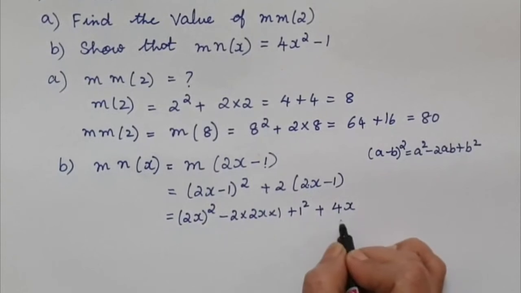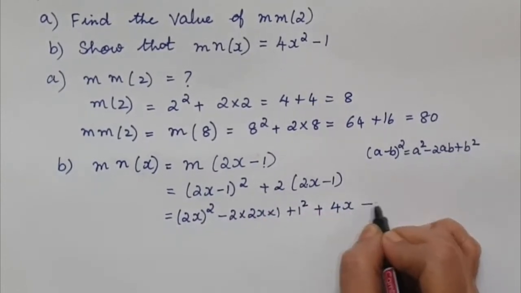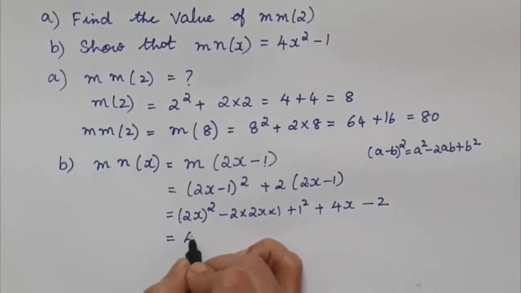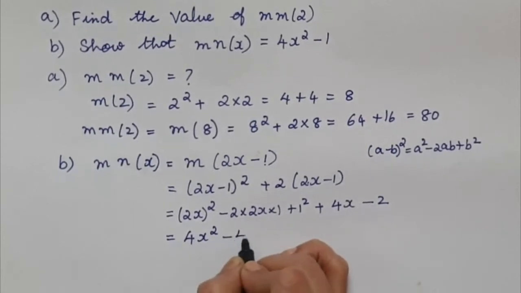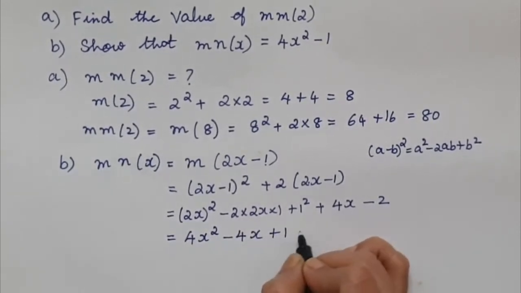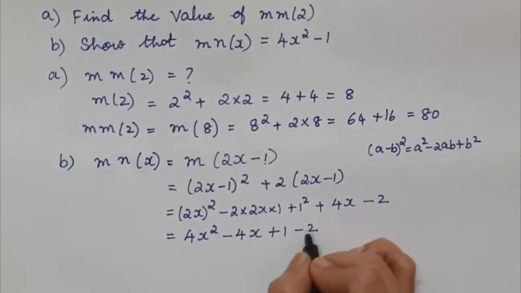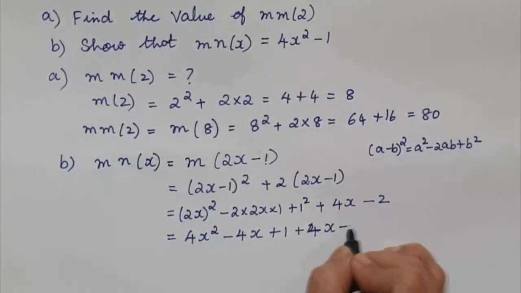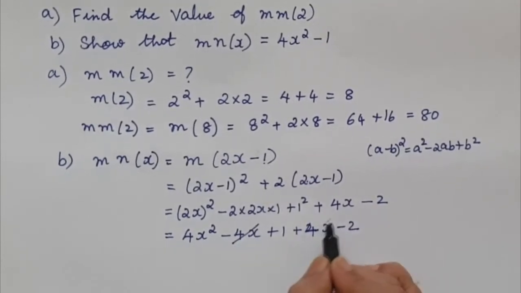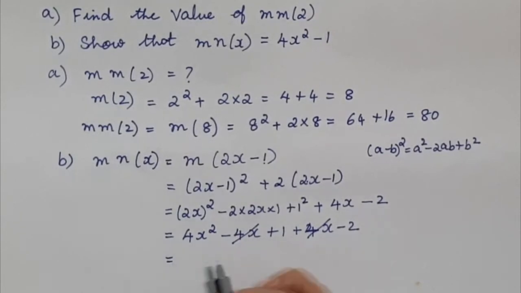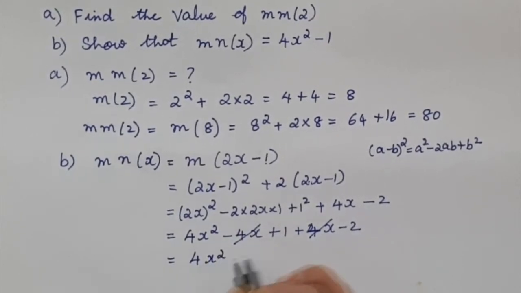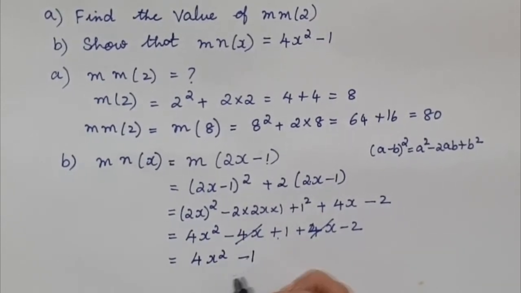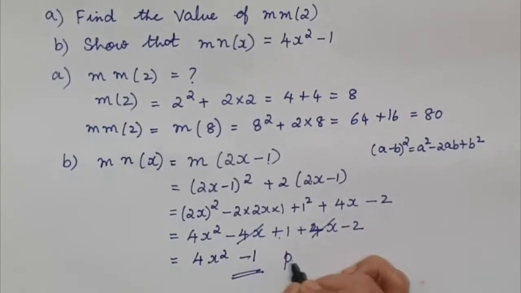I multiplied 2 into 2x is 4x. 2 into minus 1 is minus 2. So it is 4x squared minus 4x plus 1, plus 4x minus 2. So minus 4x and plus 4x get cancelled. So it will be 4x squared plus 1 minus 2, which will give us minus 1. So we have proved it.